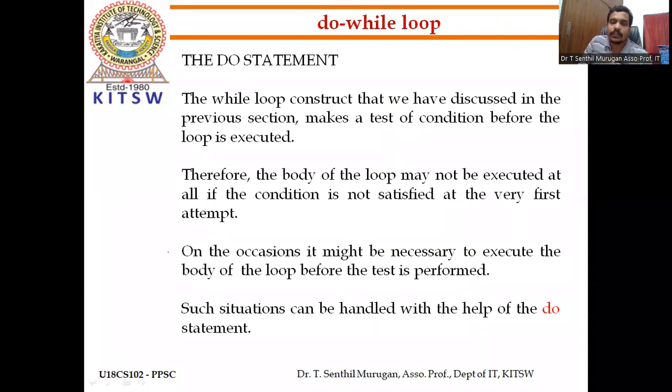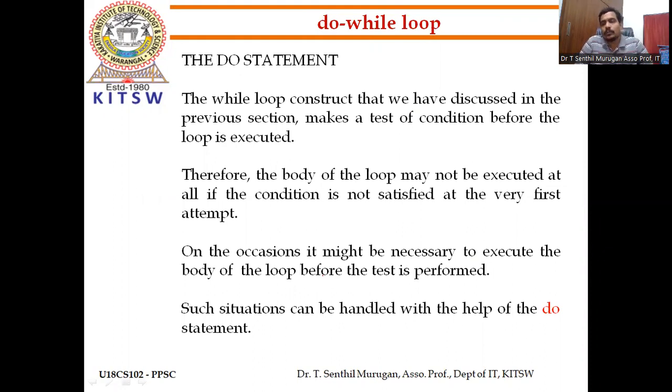So now we are going to discuss the do while statement. First do, then check the condition, that is the do while loop. Sometimes we want to execute once, then check the condition. For example, students are coming for an interview.